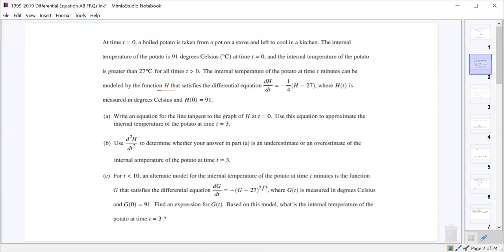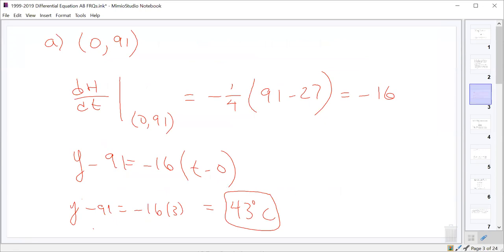This was 2017. All I searched for online was potato AB. Here it is. 3 points. Oh, okay. I would have called this 2 and the next one 2, but they gave it 3 and 1. So they gave 3 points for this. They said that getting the slope was 1 point, getting the tangent line was 1 point, getting the final answer was 1 point. Good? Everybody good there?